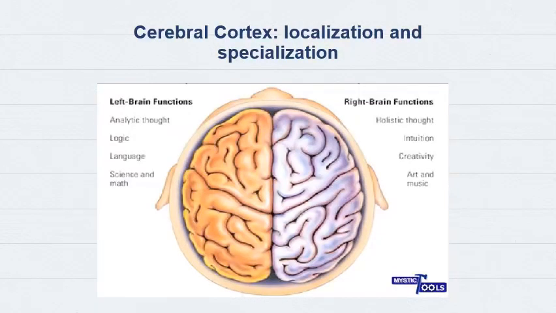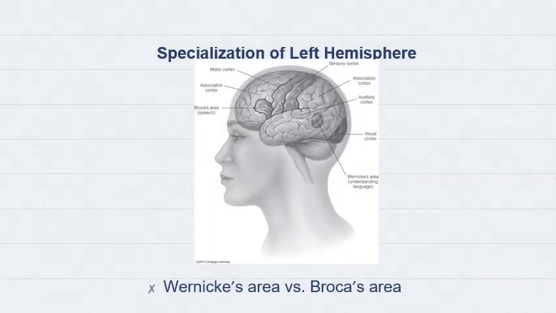The right side, which is more known as the creative part of the brain, is holistic thought, intuition, creativity with connection to arts and music. Okay. If you look at that, that is where Broca's area is located, and Wernicke's is here in the lower part.